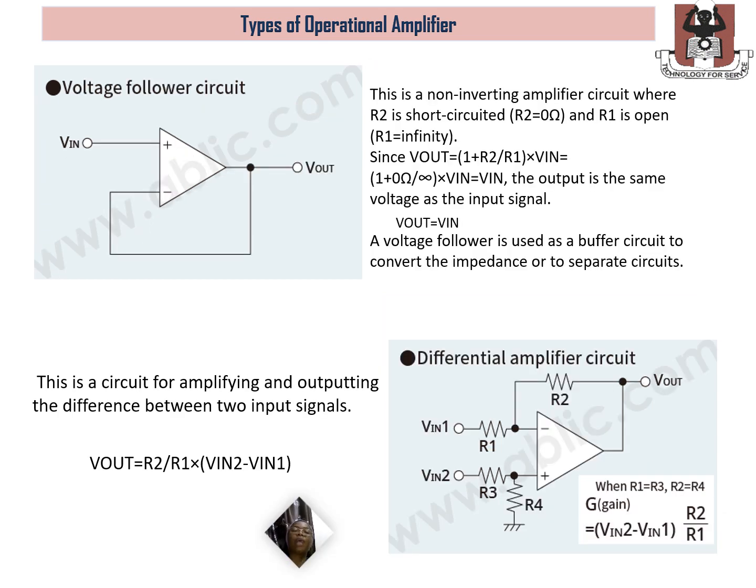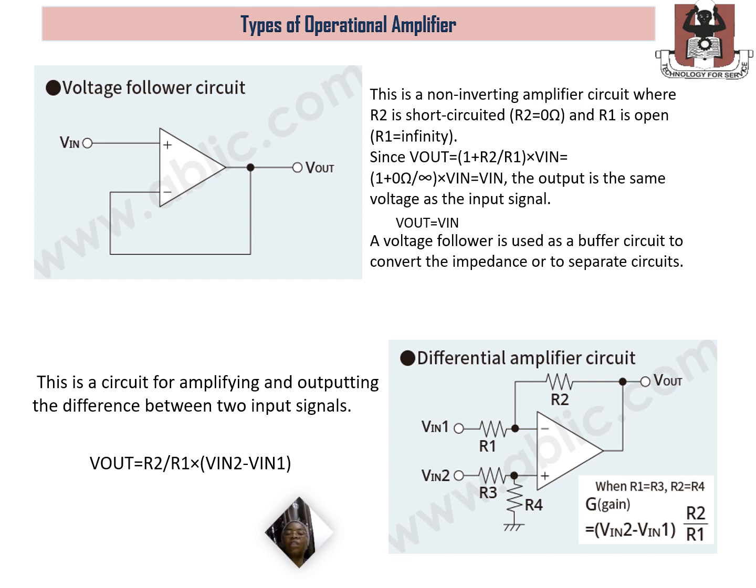We also have a voltage follower circuit. A voltage follower circuit is a non-inverting amplifier circuit where R2 is short circuited and R1 is open. So V out is given as 1 plus R2 over R1 times V in.